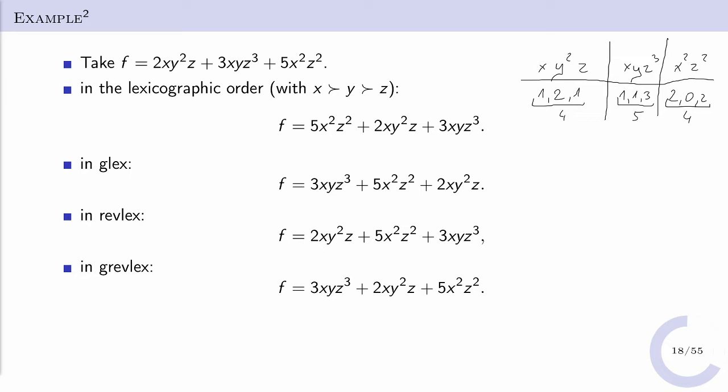On the other hand, the graded reverse lexicographical order is usually the fastest of all four of them. So usually the computations with respect to grevlex are much faster than the others. However, the number of operations that are possible with grevlex is the most limited. So there are operations that you cannot do with this order.